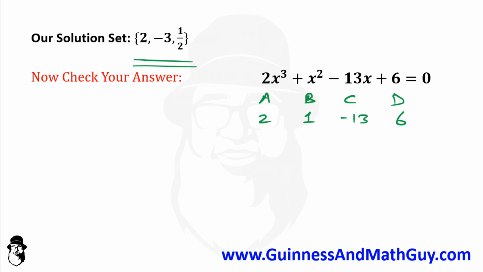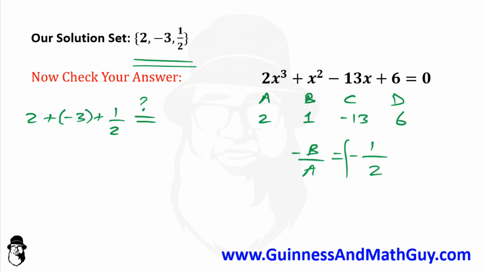If we add our solutions, 2 plus minus 3 plus half, this should be equal to minus B over A. In this case, minus B is minus 1 and A is 2. So if it is equal to minus half, then our answers are correct.